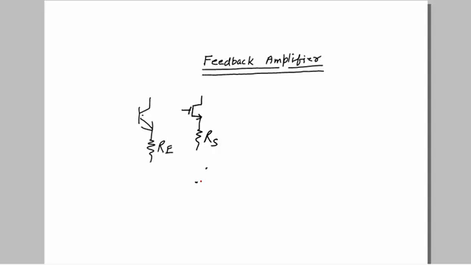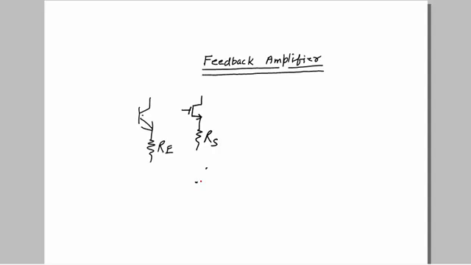Negative feedback provides a lot of benefits: it reduces interference, reduces noise, reduces distortion, and increases the bandwidth. We can have better control of the input and output impedances, and it reduces the sensitivity of the gain.